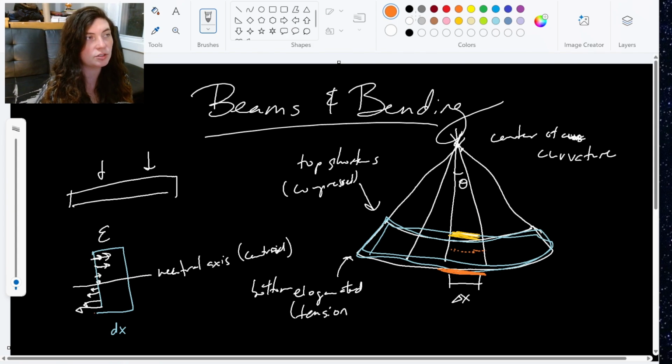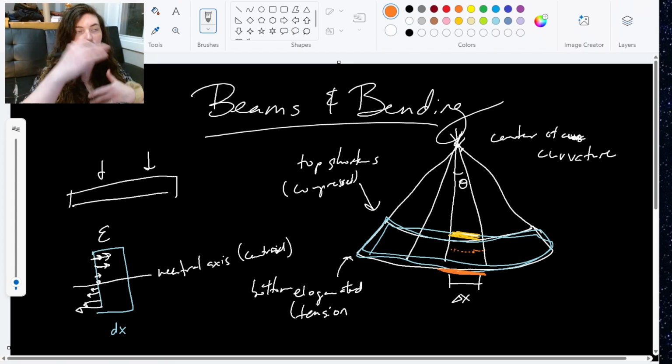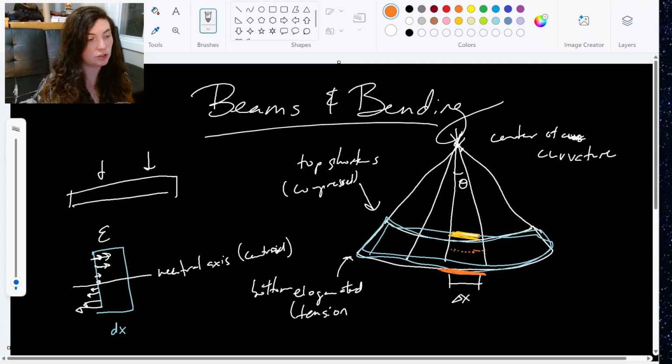But at the outermost edges we're experiencing the most strain, which we can relate to stress, especially in our linear elastic region, which we're going to assume we are. So this is also where our maximum stress occurs, right on these outside edges. One side is going to be in tension and one side in compression.